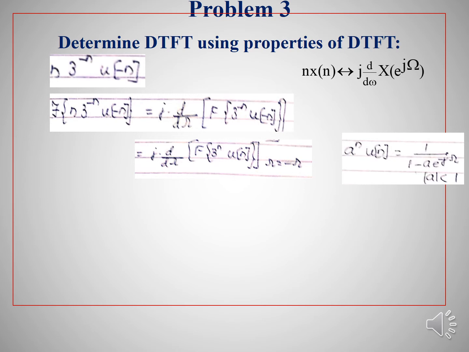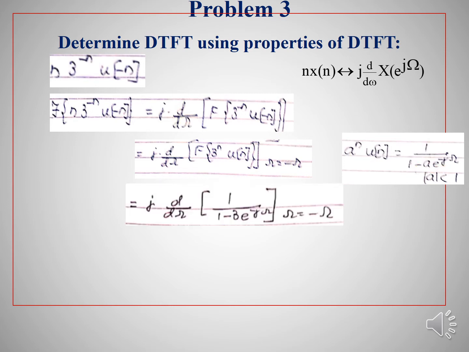Hence, the expression for 3^n u[n], we could substitute it as 1 by 1 minus a e^(-jω), resulting in j into d/dω of 1 by 1 minus 3 e^(-jω), as can be seen from this particular transform, and substituting ω equal to minus ω for this particular problem, we would be getting j into d/dω of 1 divided by 1 minus 3 e^(jω).